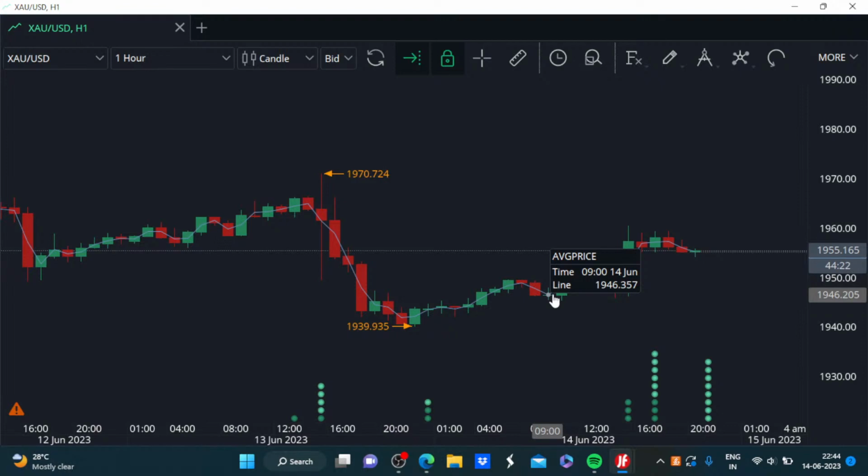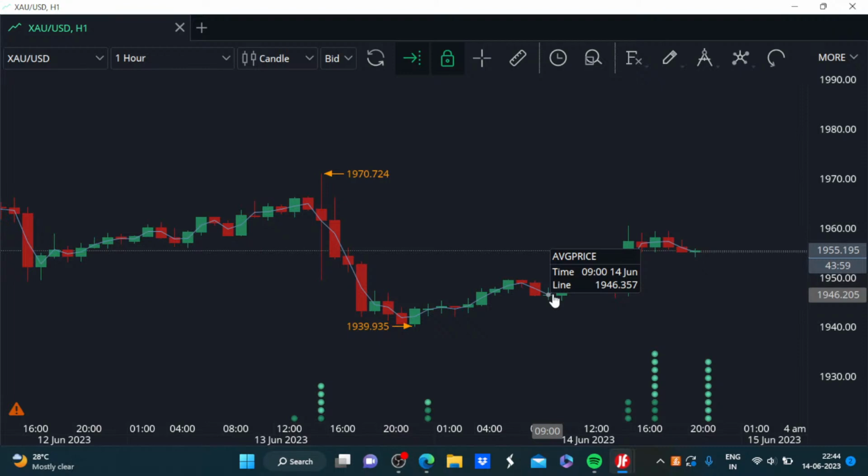And as is the case with any other indicator, not all the trades generated by this indicator are going to be profitable. We are going to see many loss-making trades also. We will always have to keep in mind that no indicator is perfect, and that same thing applies to this indicator also.